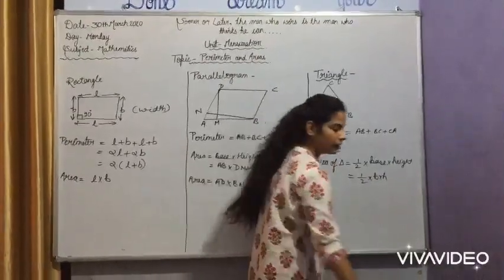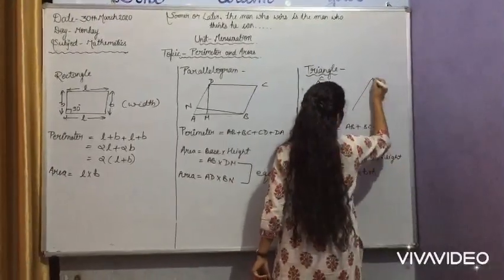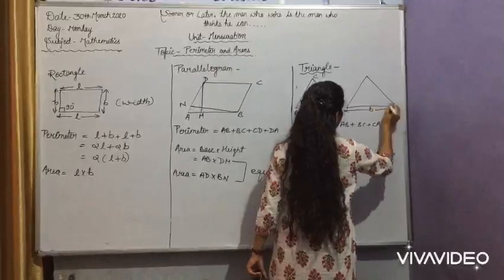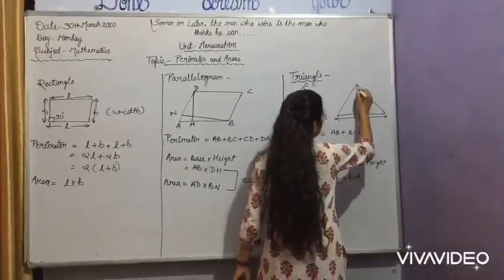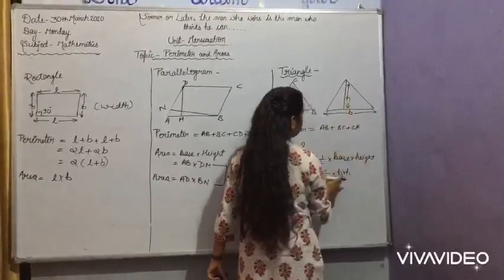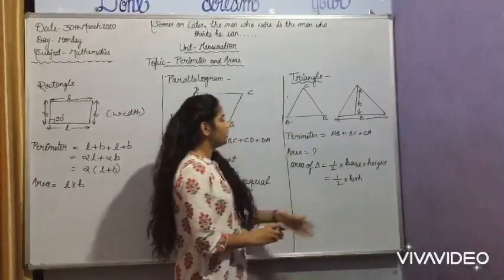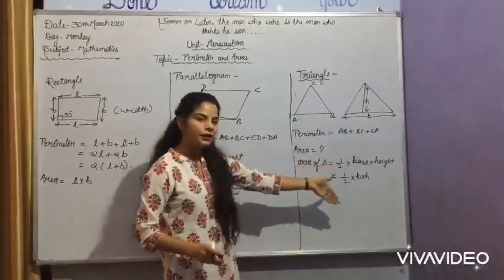See here. If I draw another triangle here, I say this is base and height. If it is the height, then this formula can be understood through this figure. This is a universal formula. It is applicable to all the types of triangles.